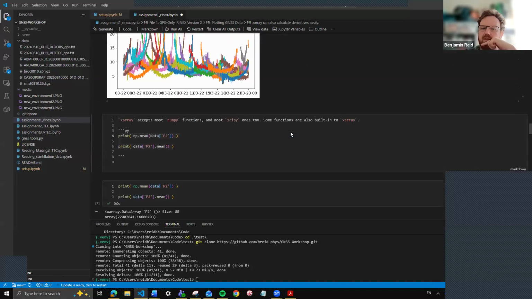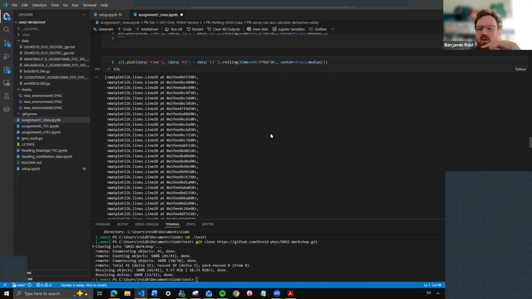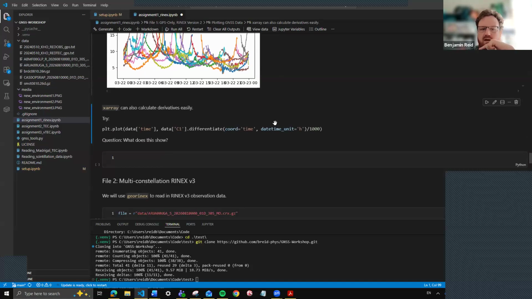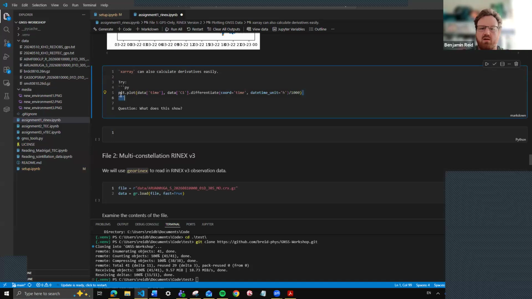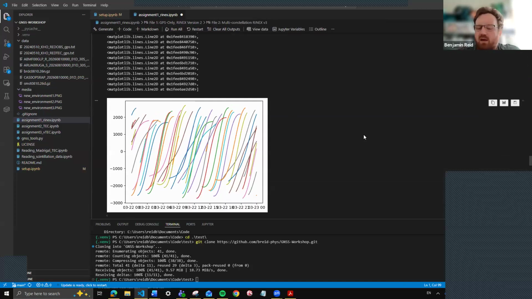If you scroll up and compare them, yeah, right. So it's a really powerful library for doing lots of data analysis kinds of things. You can also do derivatives if you want.